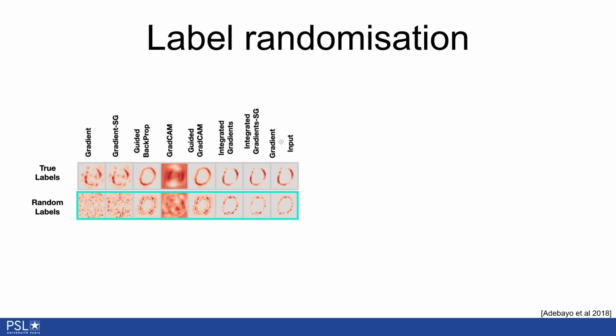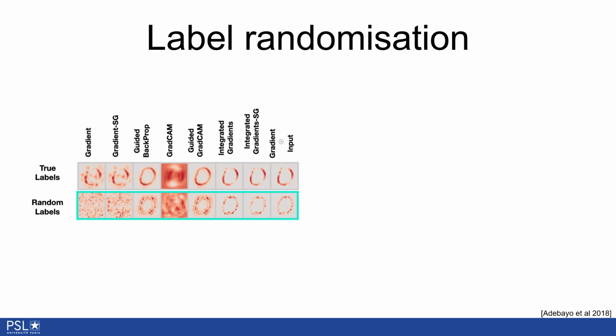Clearly, randomizing labels randomizes the saliency maps produced by some methods, but not others. In this example, saliency maps produced by vanilla gradients and GradCam become almost fully random, while for other examples this is not the case. As for the previous test, we can quantify more systematically the difference between saliency maps by computing the correlation across many different inputs.